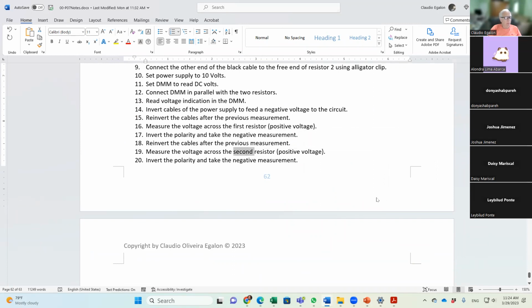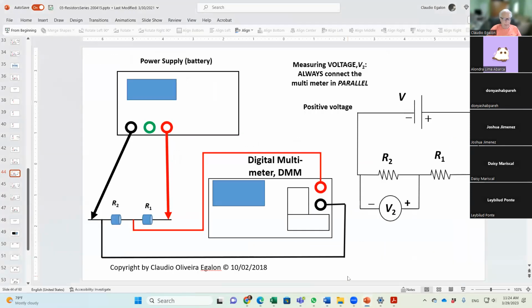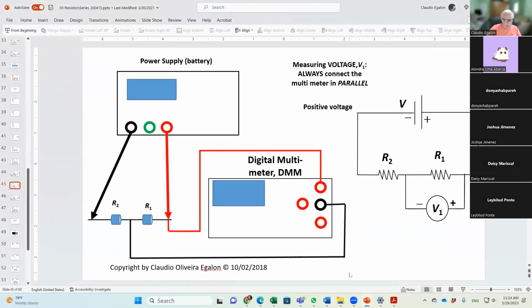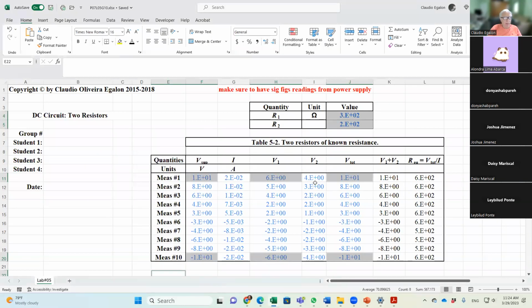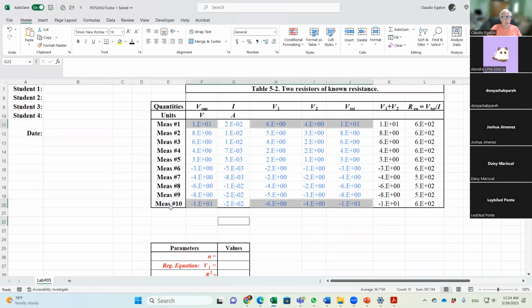Positive voltage, invert the polarity, and take the negative measurement across the second resistor. Okay, and going back here to our drawing, right? That's the measurement that you took now.